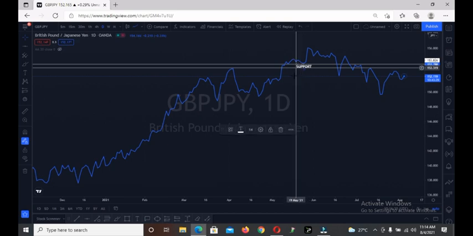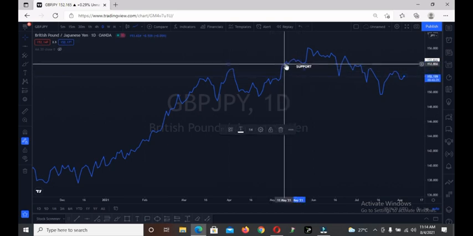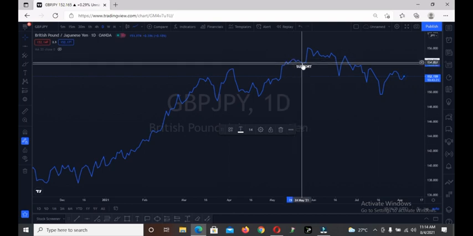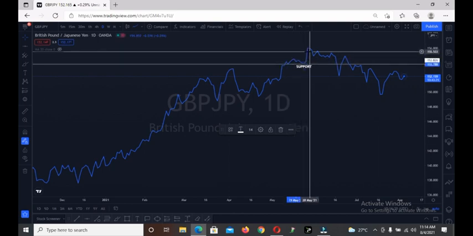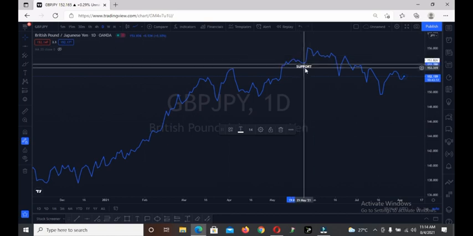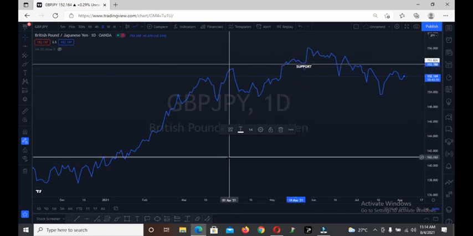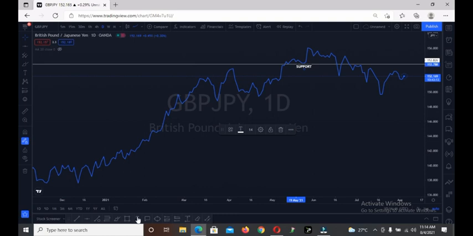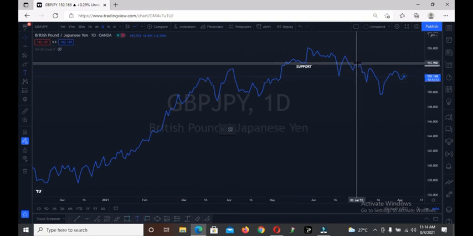Very good example of support, because the price rallied above this level, retested, and continued to the upside. So here is a very good support. Then another point of resistance is here.